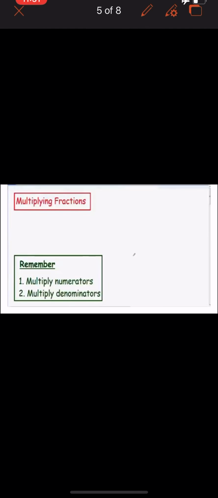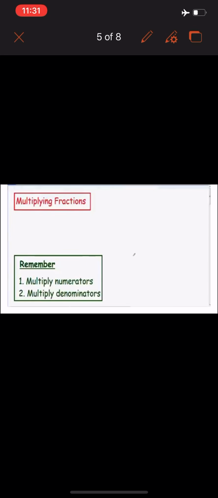The same thing, we will do it with a fraction. There's no difference. The same steps and same idea. Remember? We multiply numerators together and denominators together. Let's have, for example, 5 times 2 out of 13, right?